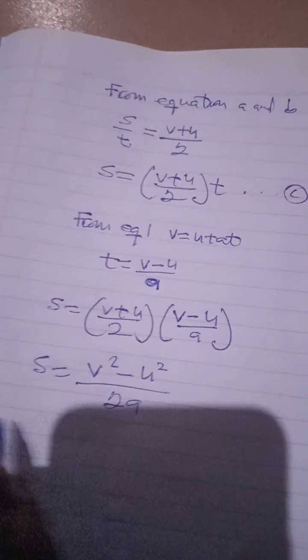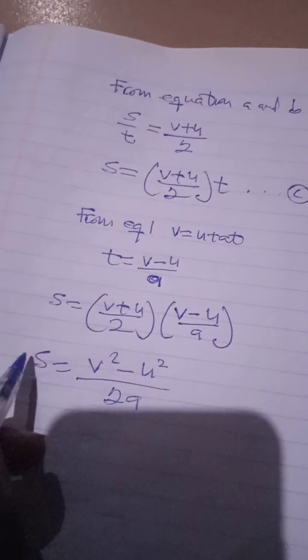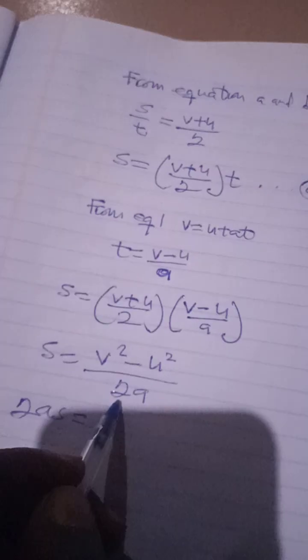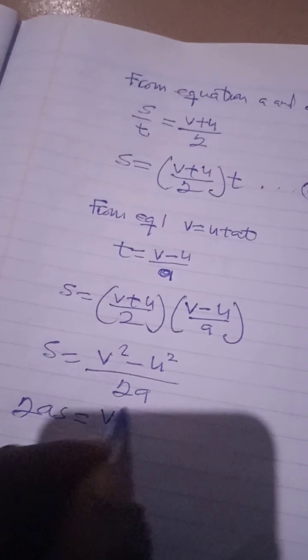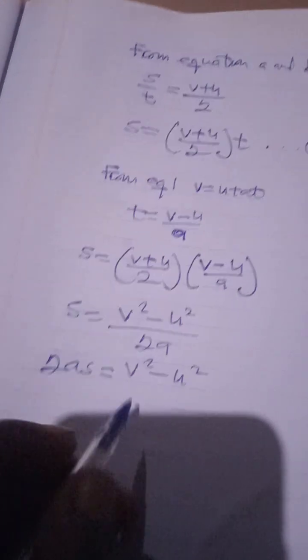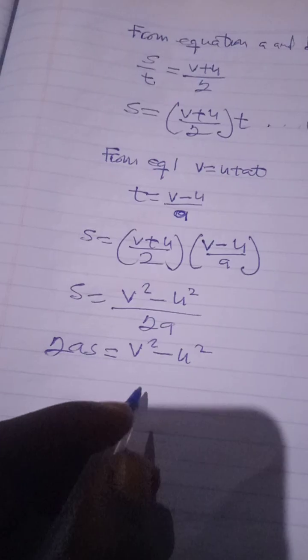Now you can cross multiply both terms by 2a, so you get 2as equal to v square minus u square, right? Yes, v square minus u square.